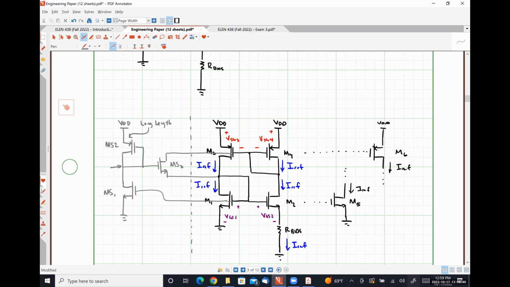Any current that is conducted through it raises the potential of the gates of M1, M2, and MS1, forcing those guys to start sinking current, which in turn turns the transistors M3 and M4 on. So this startup circuit will force this thing to settle to the stable condition where M1, M2, M3, and M4 are all carrying the reference current within a fraction of a second. And once it's on, it stays on.